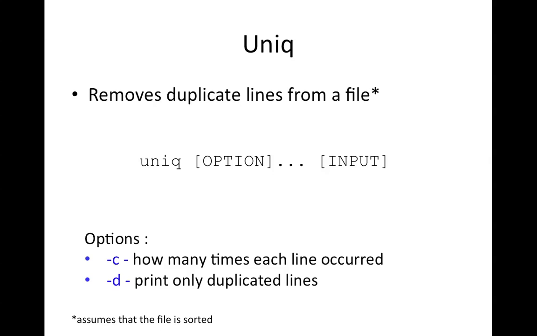Given that some lines are duplicates, you can count how many times a line occurs. Does it occur once, or many times? To do that, you use -c. Also, if you want to know only the lines which are duplicates, in other words, occur more than once, you say -d, and that option will tell you that.